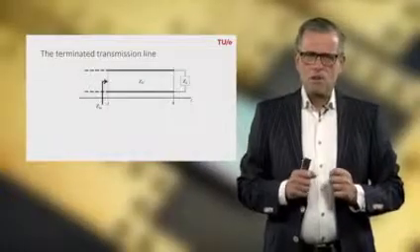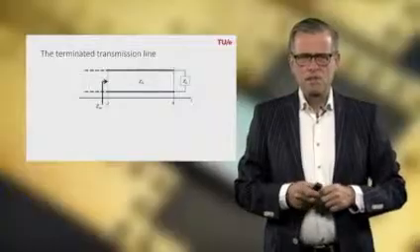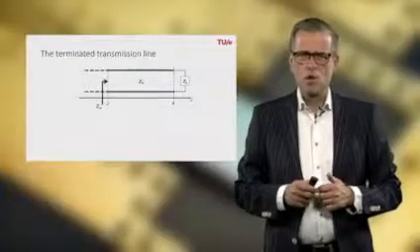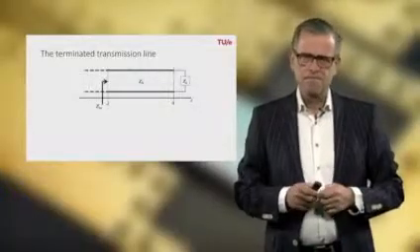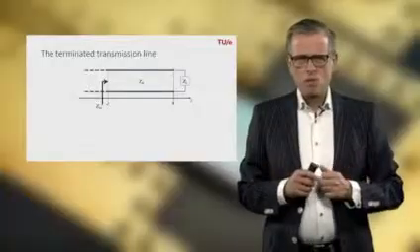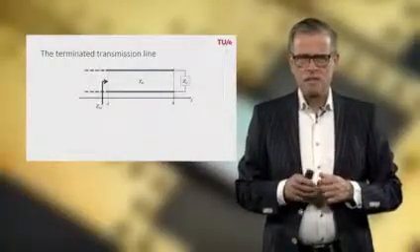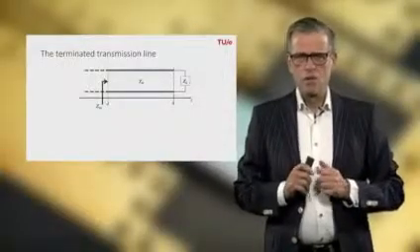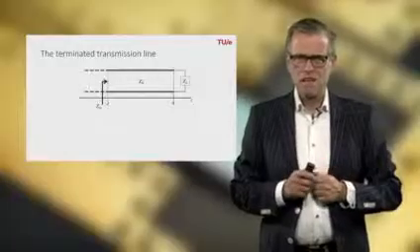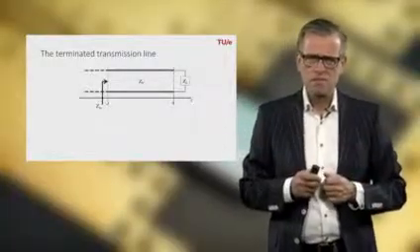Now, first let us go back to the terminated transmission line, which we introduced in one of the previous web lectures already. So we have a line with length L, which is connected at the end to a load with an impedance ZL, a complex impedance.